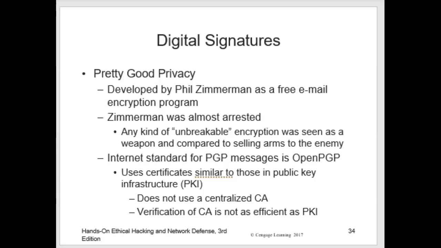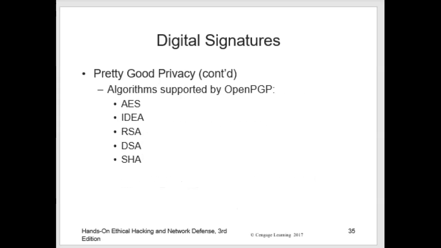That's about all you have to know for this course. And the most common free version of OpenPGP today is called GNU Privacy Guard, or GNU PG, or sometimes GPG. That is the most common free version of OpenPGP, or pretty good privacy. I think I said pretty good performance earlier. It's pretty good privacy.